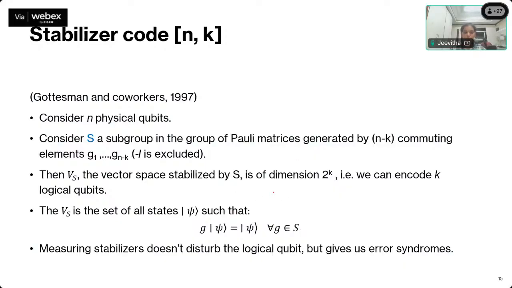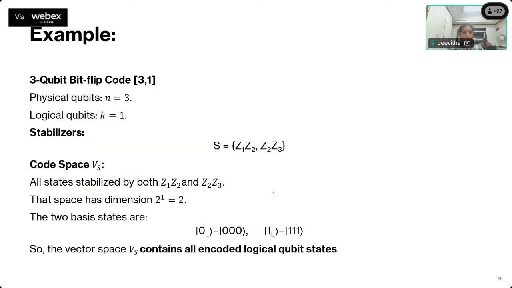I'm going to show you the circuit with the use of stabilizers as well. Let me take an example of the 3-bit repetition code itself. We saw that it is composed of 3 physical qubits, and these 3 combine to make one logical qubit. The stabilizers for the bit flip alone are Z1 Z2 and Z2 Z3.